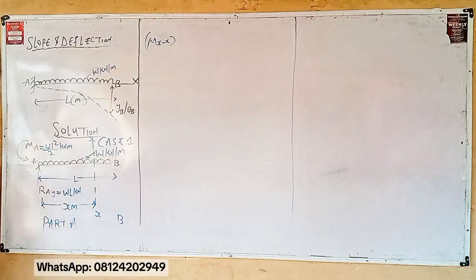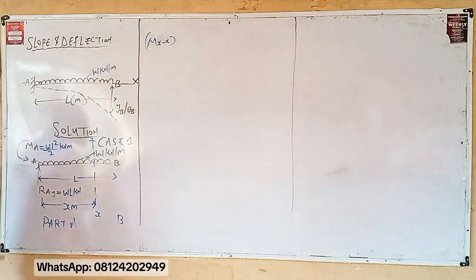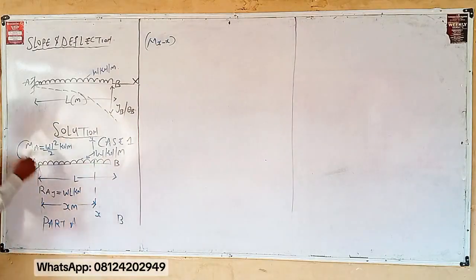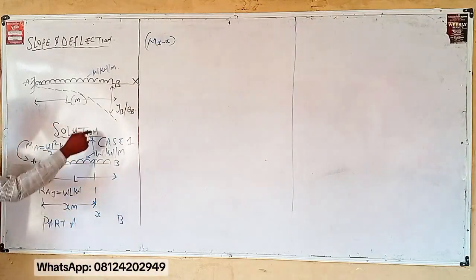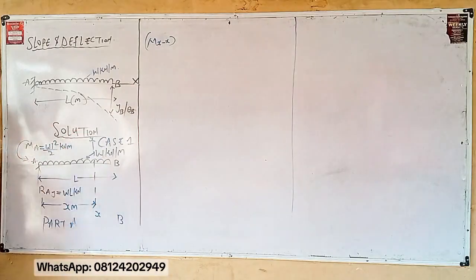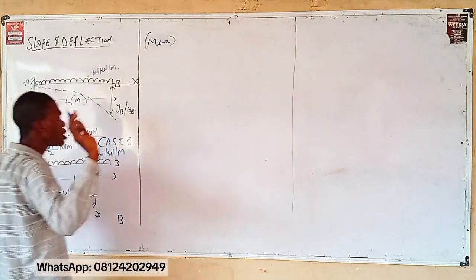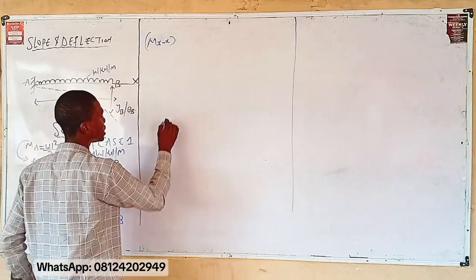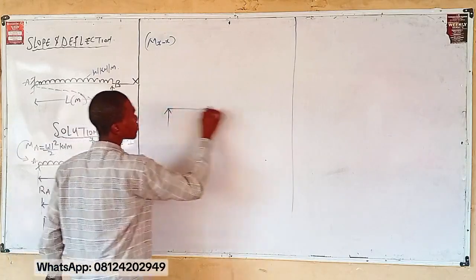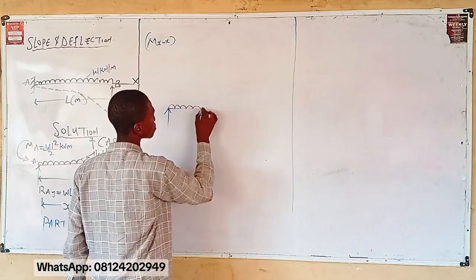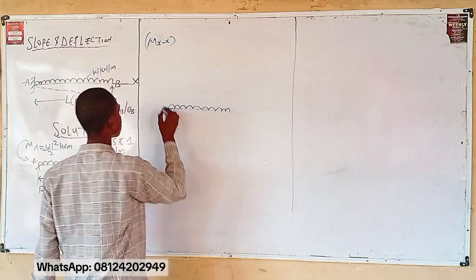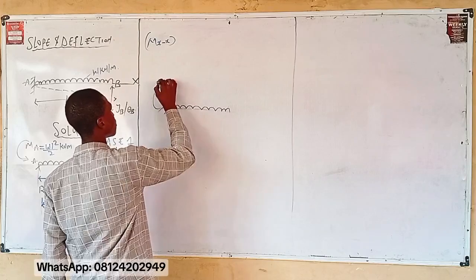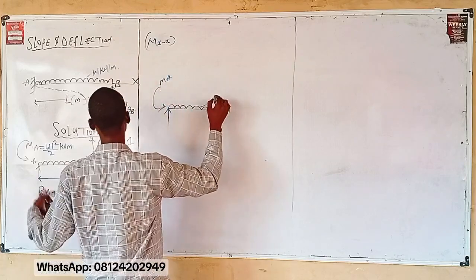RAY, MA, and a UDL. That's why you are taking the moment about this line of section. Now let me bring it out so you get the idea, to save time. This is MA. Your UDL is what?